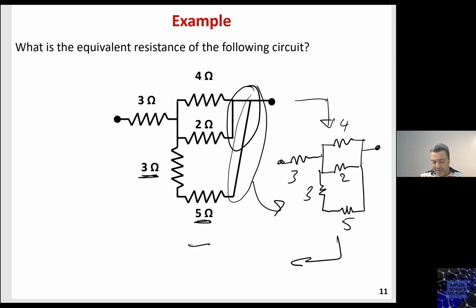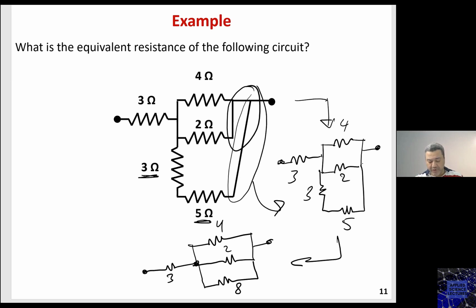It will be like this: 4, 2, and now here this one will be 8. So I have 8, 2, and 4, 3.